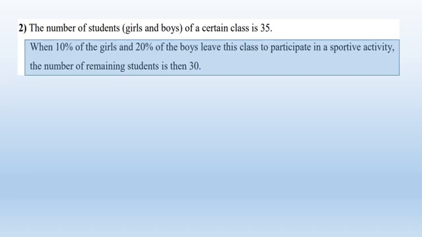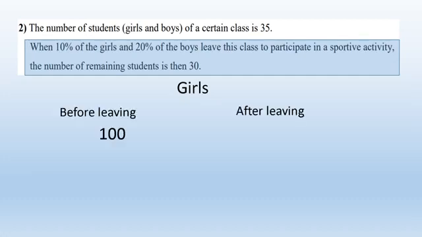Let's start with girls. Suppose that the number of girls before leaving the class is 100. If it was 100, then the number of girls after some girls left the class is only 90. Why? Because 10 of these 100 had left the class.